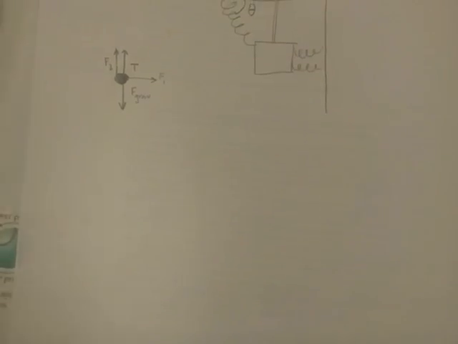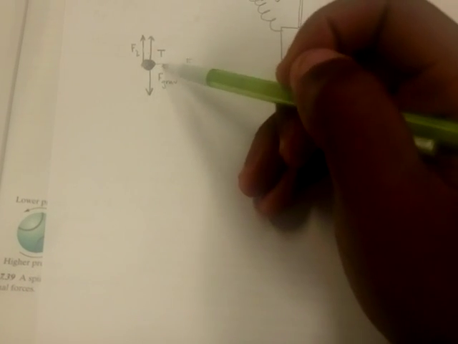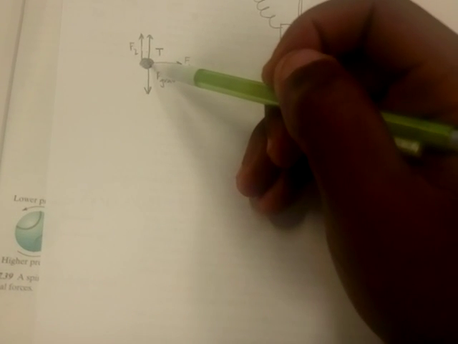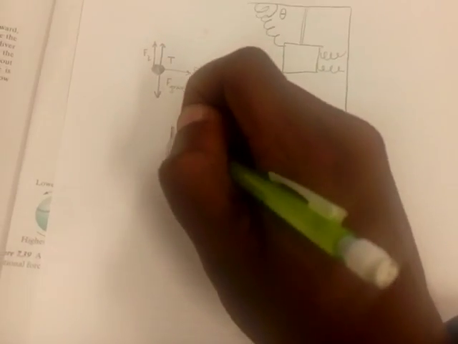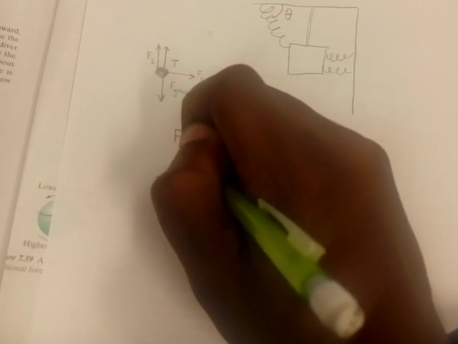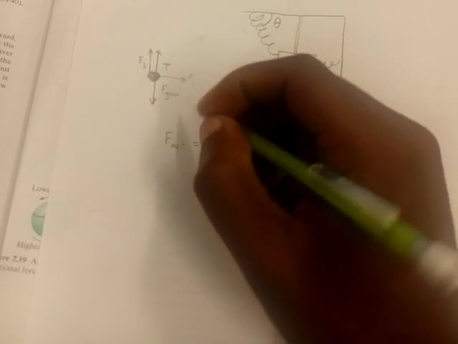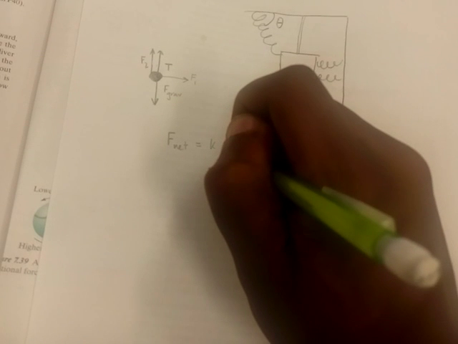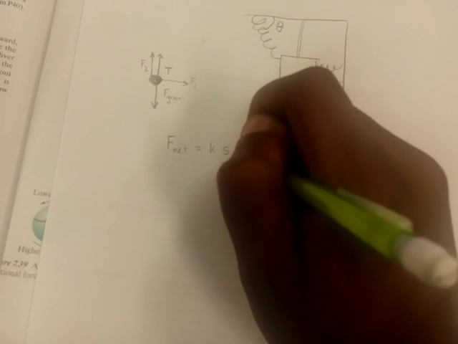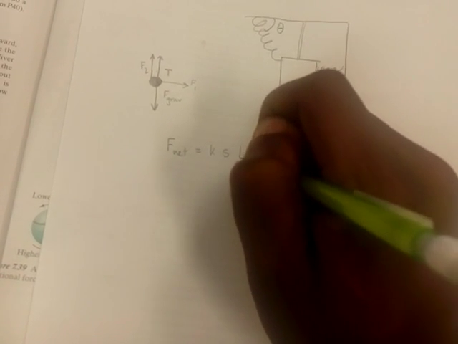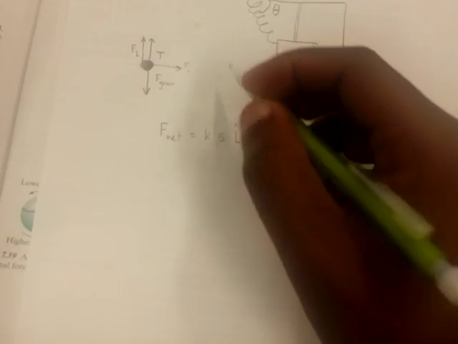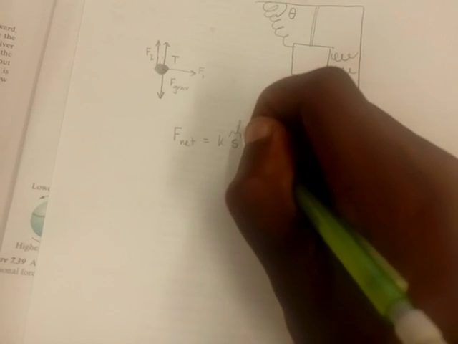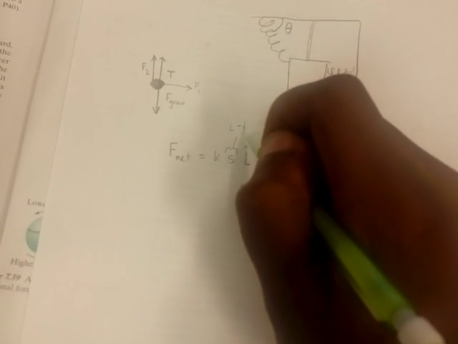Now the question asks find T, find the value for T. So what we're going to have to do is use our Hooke's law equation, which is F net is equal to k s L hat, where s is equal to L minus L naught.